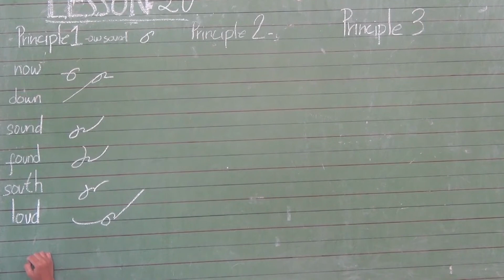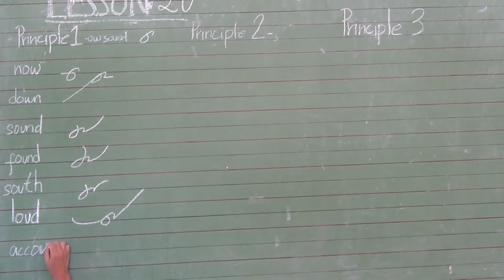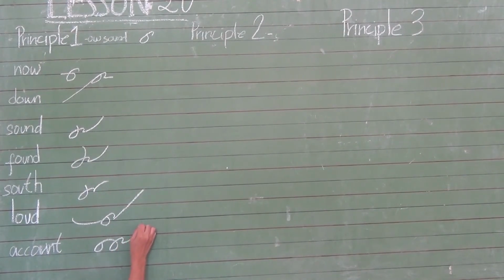Next is account. It is represented by A, K stroke, A, OO hook, and NT stroke.